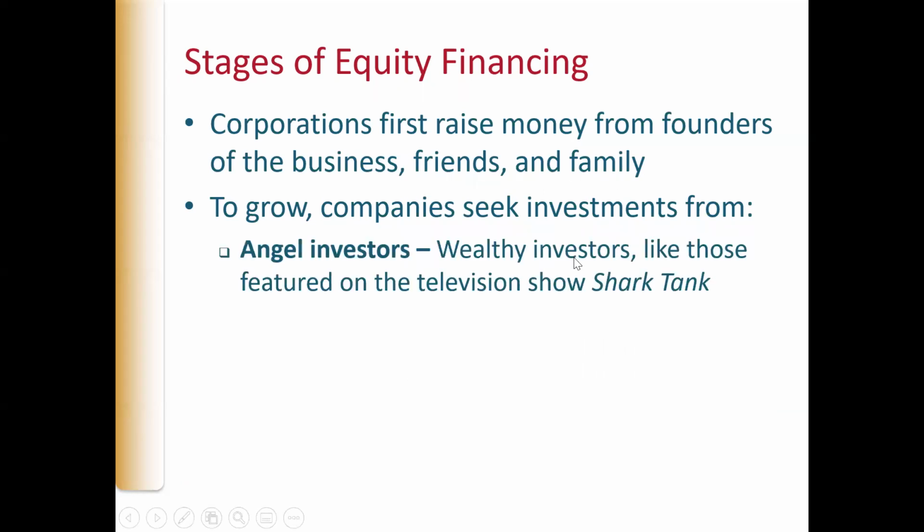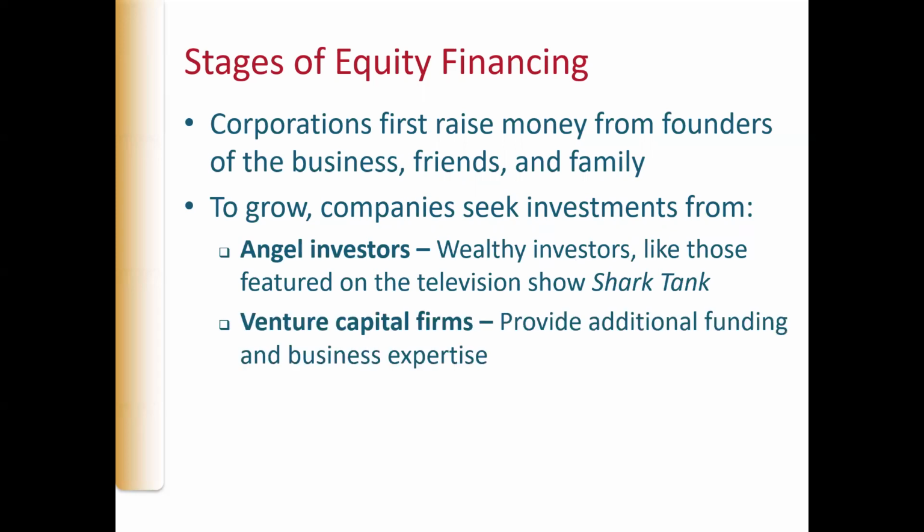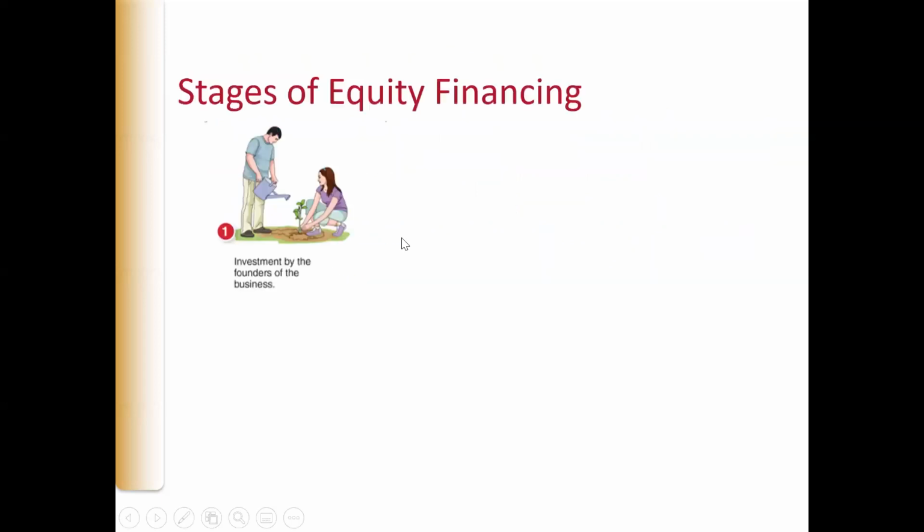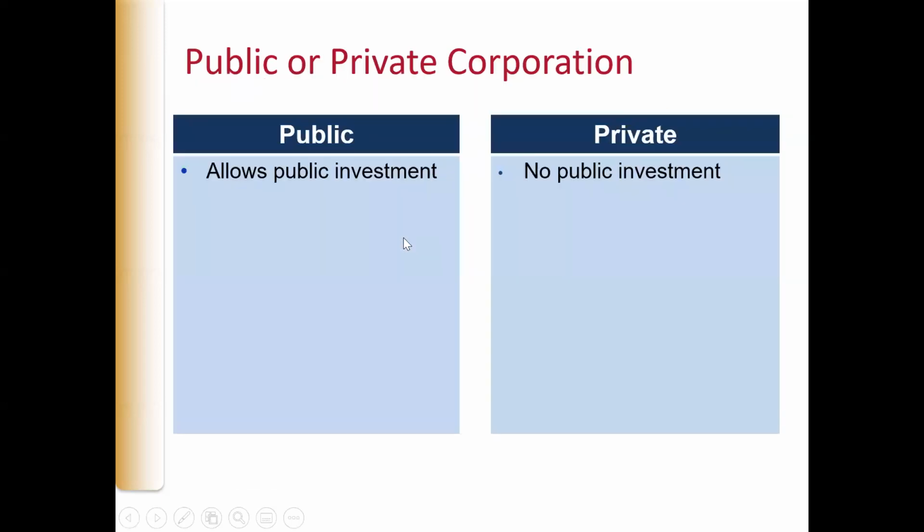Then as they grow, they'll seek investments from venture capital firms, angel investors, and then ultimately an IPO, an initial public offering, which is the first time they issue stock to the general public, which means they become a public corporation. So there are public corporations and there are private corporations.